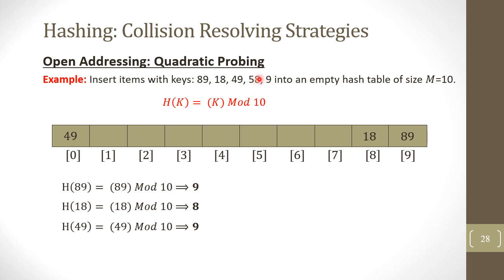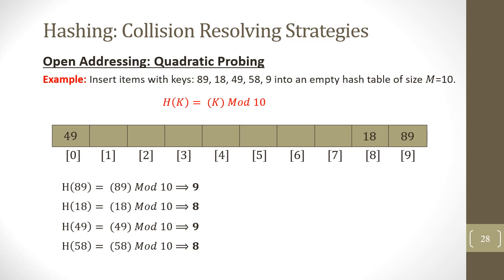The next item is 58. We take mod 10 of 58, which is 8. We have a collision here. So the first probe we will be doing is on the 1 square location. The 1 square location after this point is this, which is also occupied.